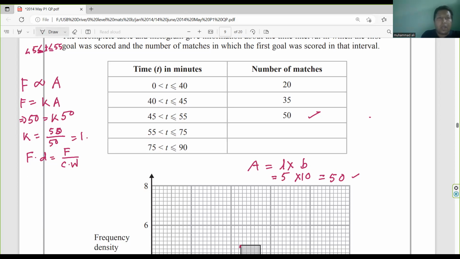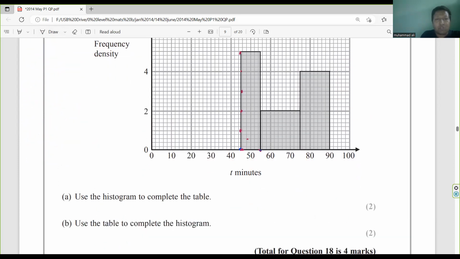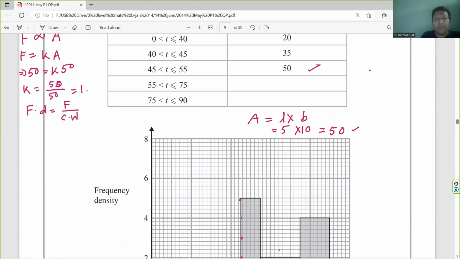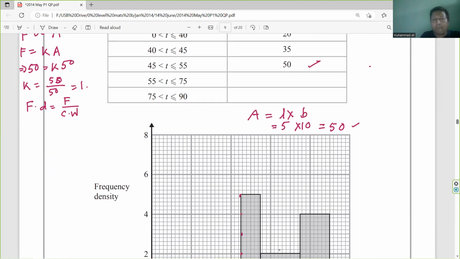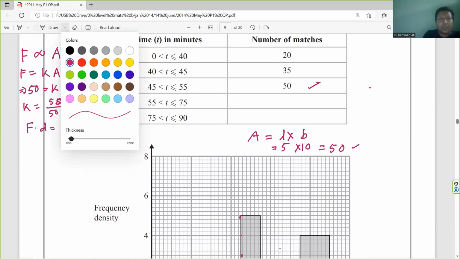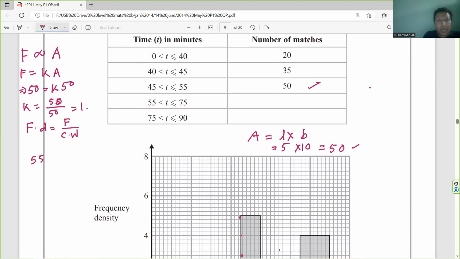Now the first question: use the histogram to complete the table. For 55 to 75, we want to find the frequency.